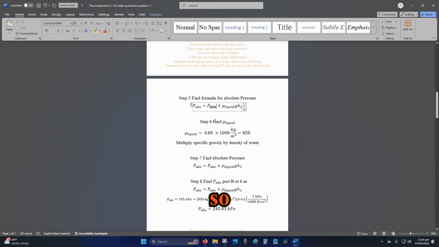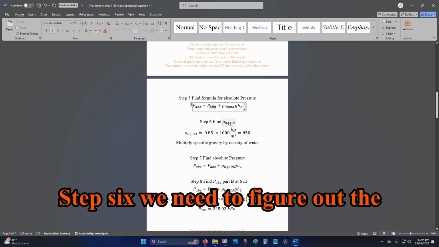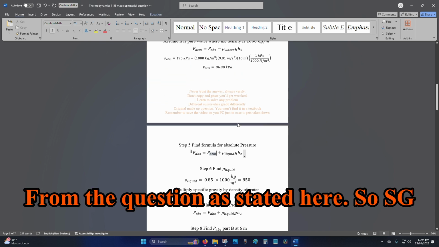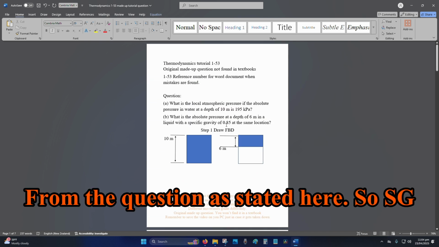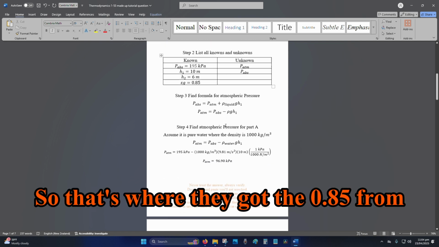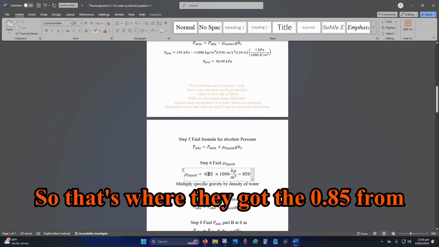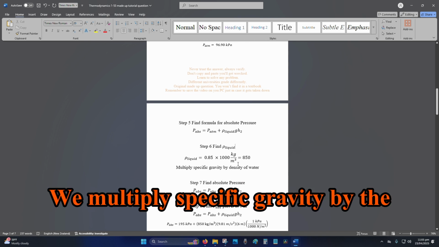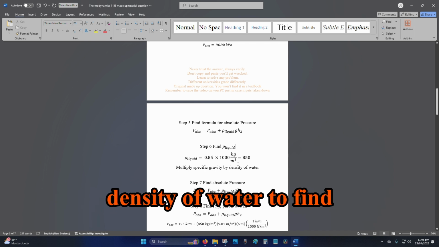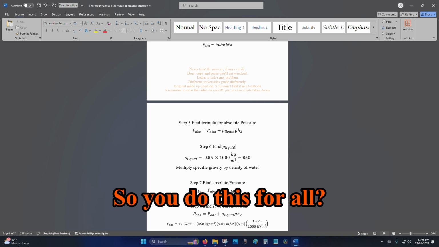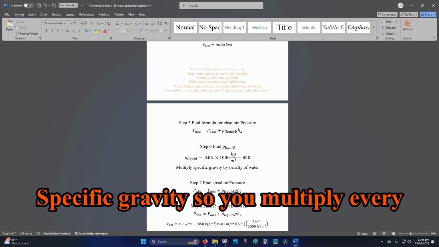Okay, so step 6, we need to figure out the density of the unknown liquid because they've given us the specific gravity in the question as stated here. So SG, specific gravity, is 0.85. So that's where they got the 0.85 from. So we multiply specific gravity by the density of water to find the density of the liquid. You do this for all specific gravity.